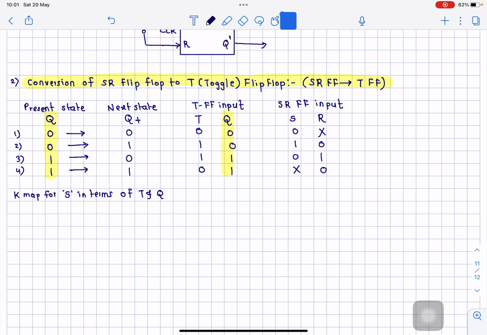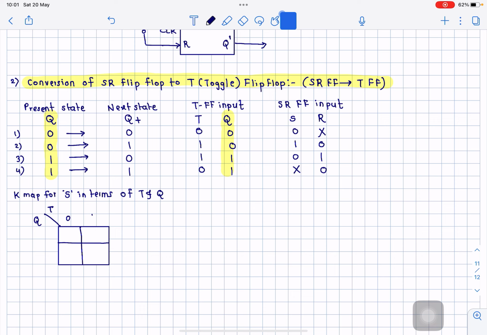So let us draw it, the K-map for two variables. Here on this side I will take T, and on this side I will take Q.